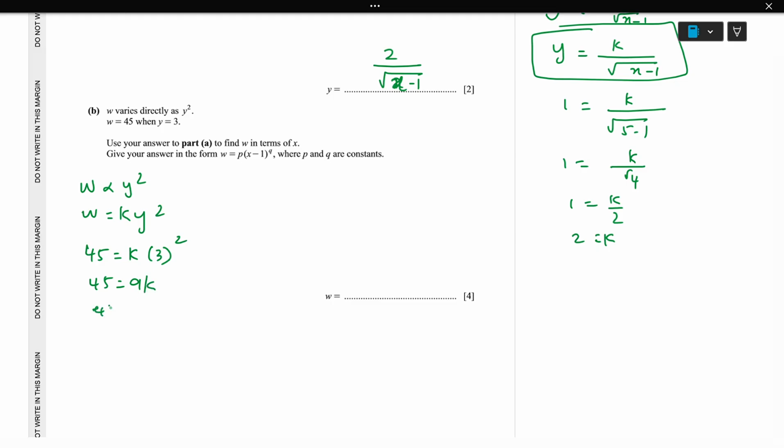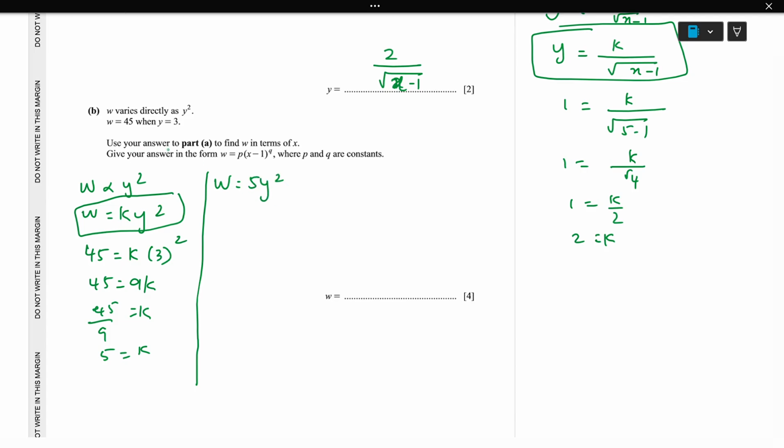So 45 over 9 equals k, which is 5. k equals 5. Just replace it here. So w equals 5 times y squared.